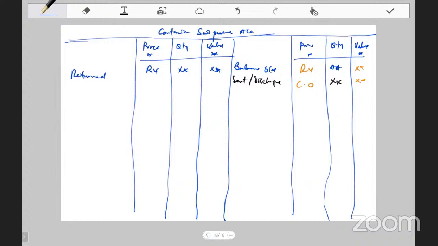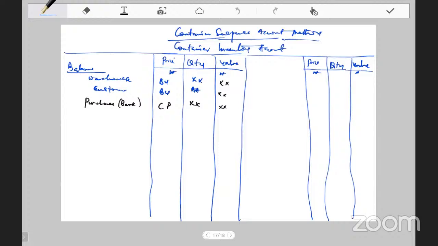Now we start going to where there will be slight changes. For example, if you are told that the container is damaged, destroyed, no money is coming in, you only account for the quantity. But when we're using the container trading account, we account for the quantity and the value. Have you seen that difference?